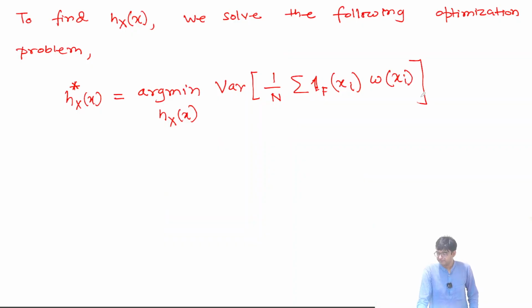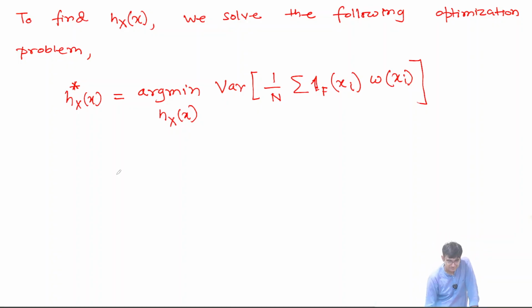It's a PDF. So that means it should satisfy the property of, what is the property of PDF it should satisfy? Non-negative, okay, and integration should be equal to 1. So then my constraint should be that the integration over hxx should give me 1.